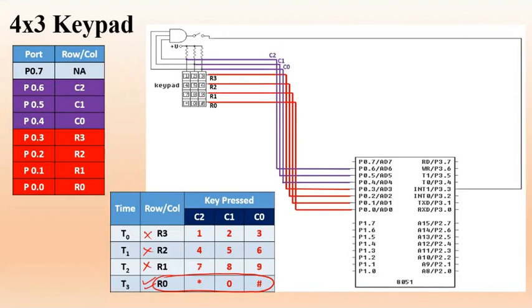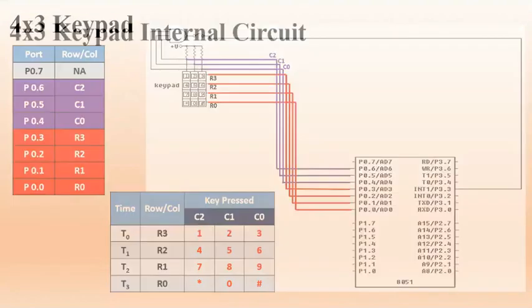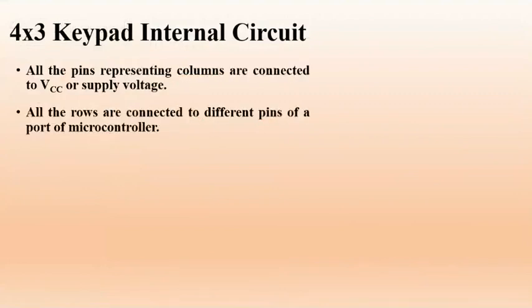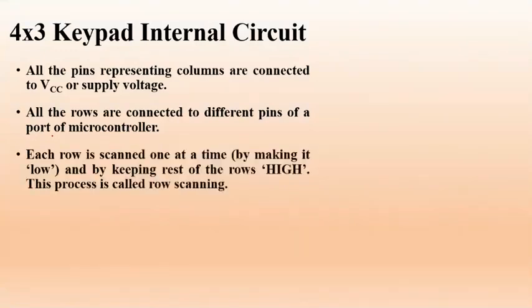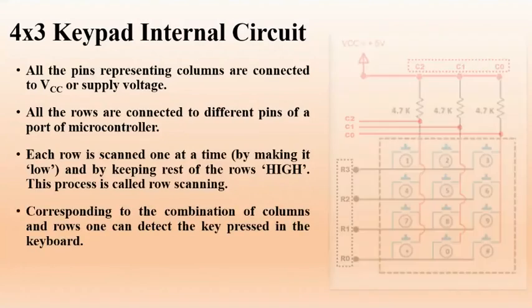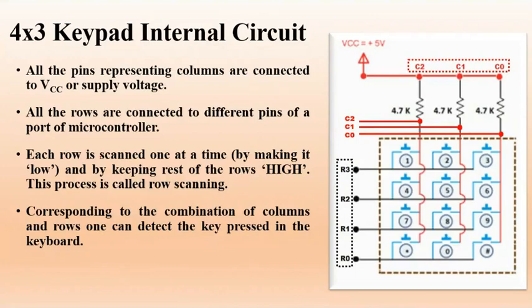Then you will check the state of C2, then C1, then C0. Suppose the state of C1 is detected, that is, C1 is found activated, then in that case key 0 is pressed. How to check that is not the problem here. So this is how we generally do the scanning: we keep one row active, the rest of the rows deactivated, and then scan all the columns one by one. Let me show you the whole concept in detail.